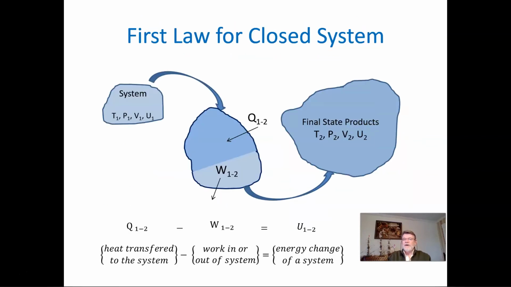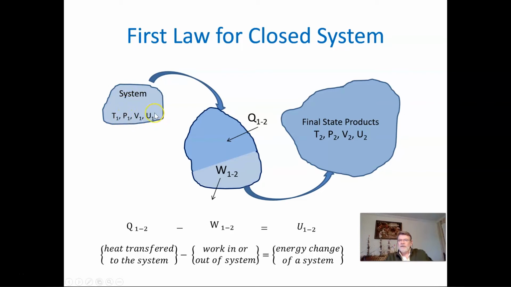Now, let's expand upon that first law, looking at a closed system. So there are a series of potato-shaped areas that you can see here. Well, here, this is the system at its initial state T1, P1, V1, U1.